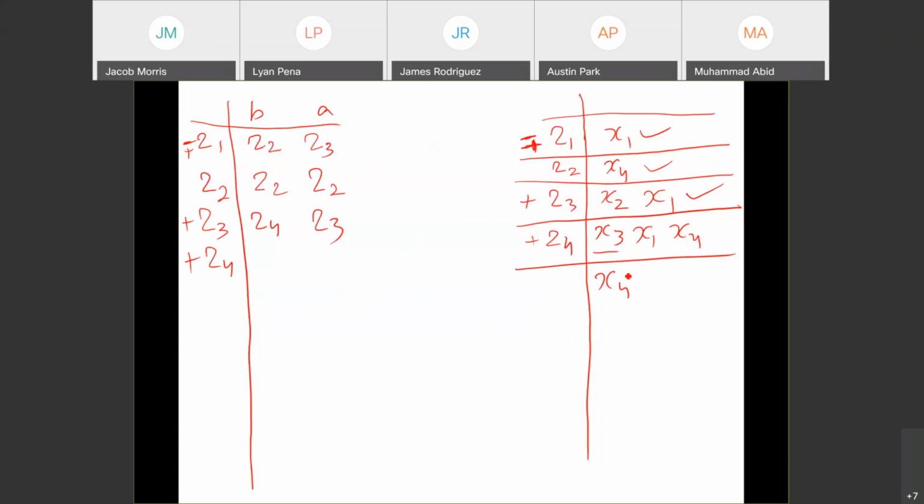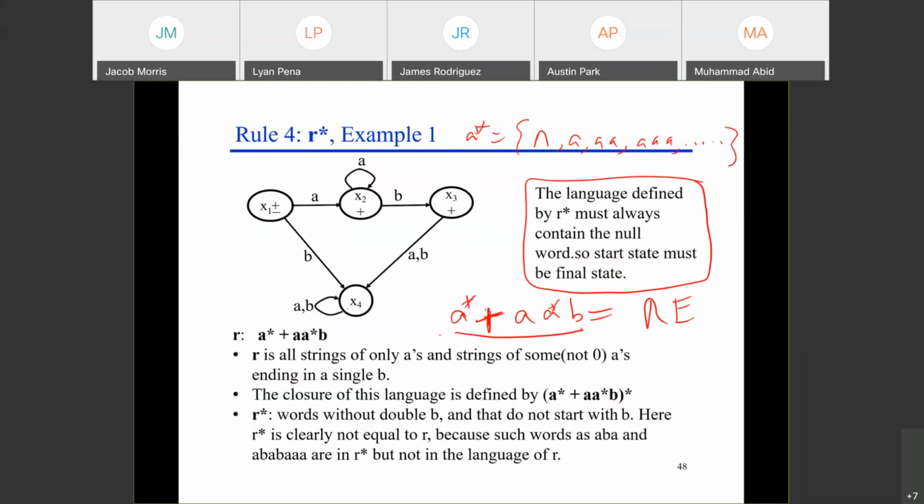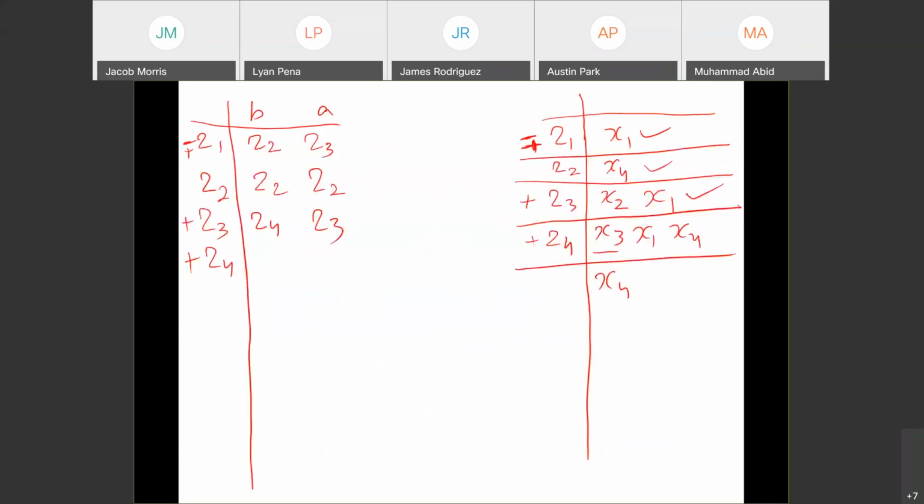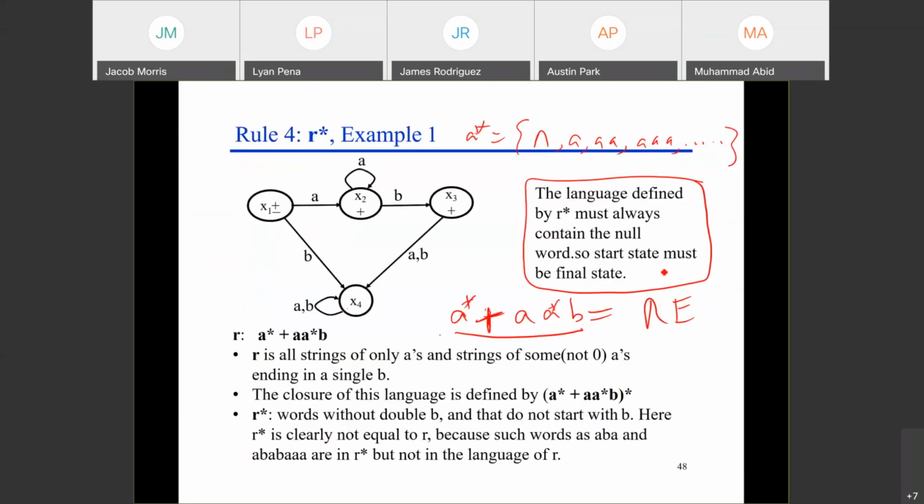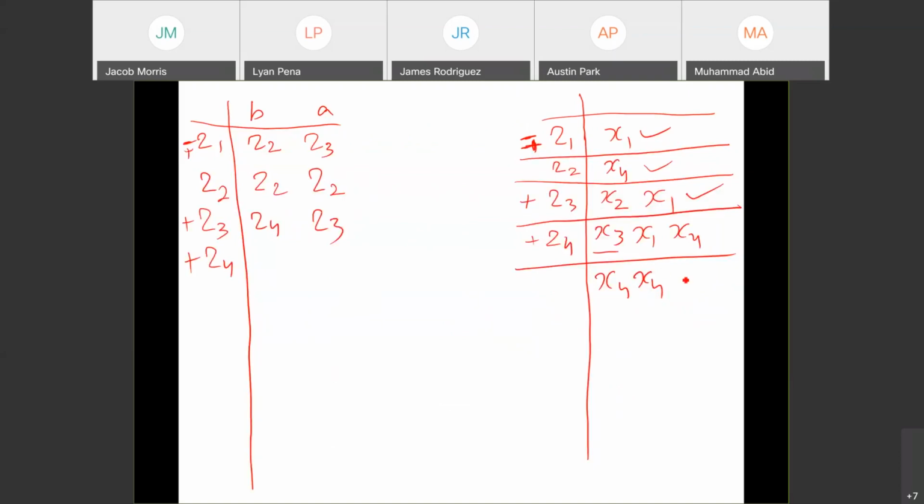When you are at x1, you receive B, you go to x4. You are at x4, you receive B, you stay there at x4. You don't write duplicate states. x4 already we use that, which is z2. So we don't need to write it here.